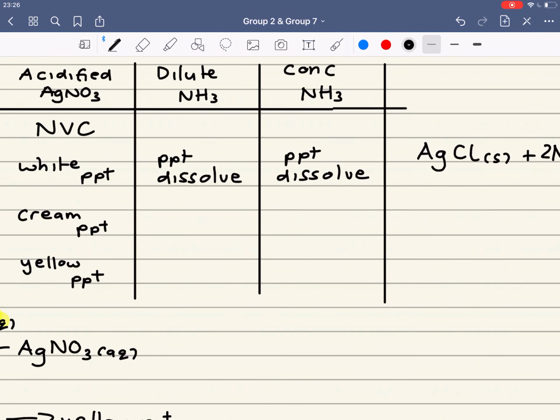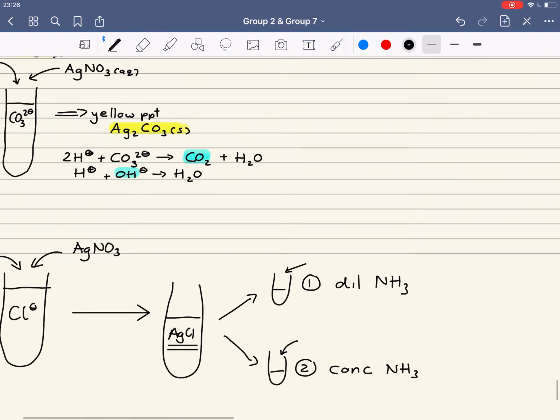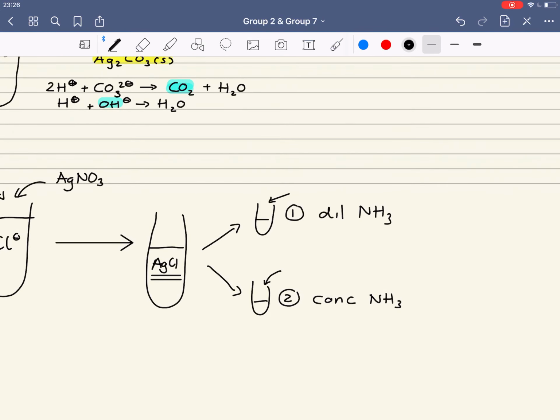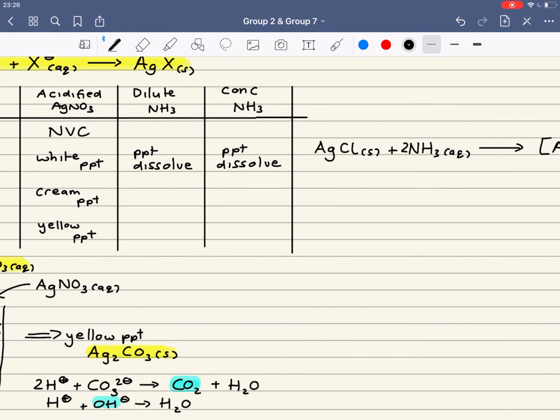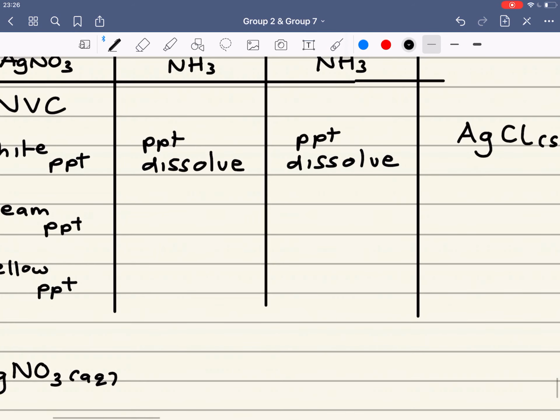Now, if you do the same thing with AgBr, what you'd find is with the dilute ammonia, the precipitate does not dissolve, or it only very partially dissolves, but with the concentrated ammonia, you would see the precipitate dissolve.